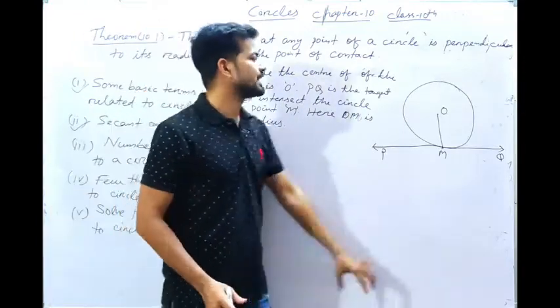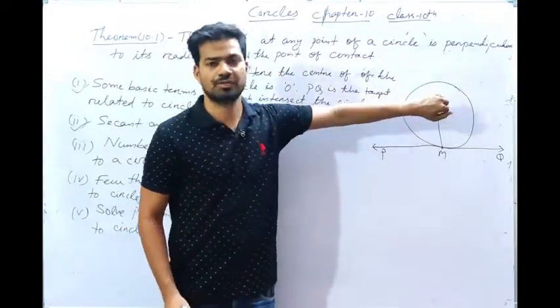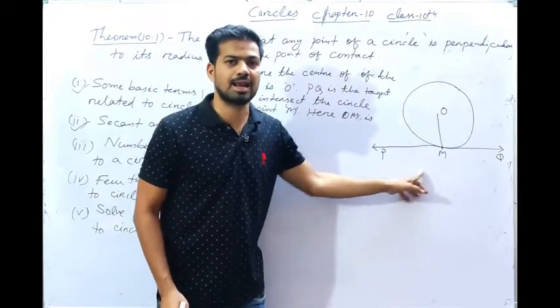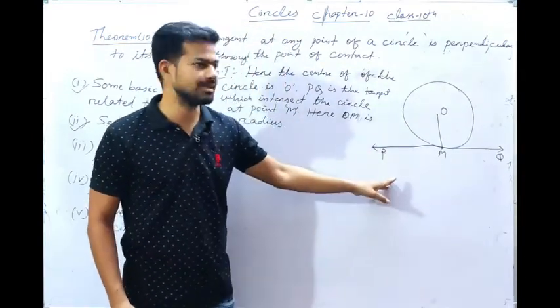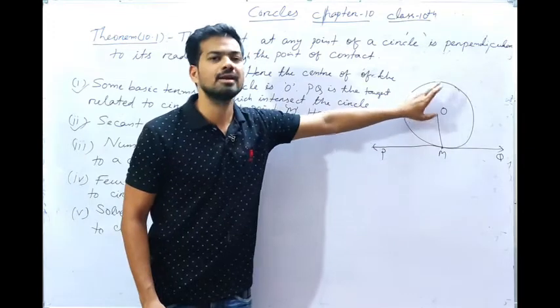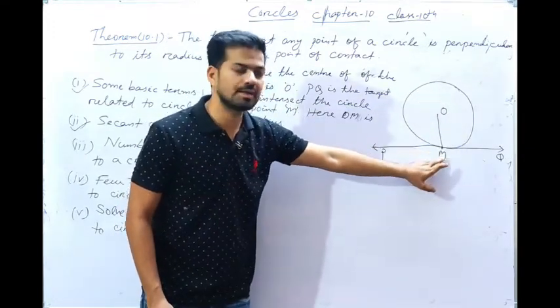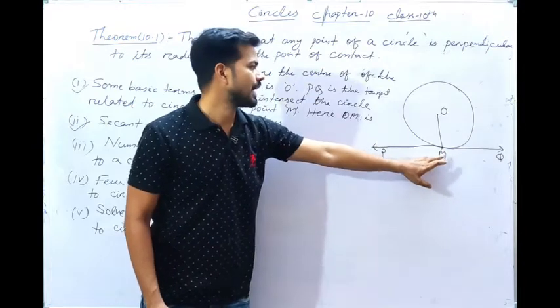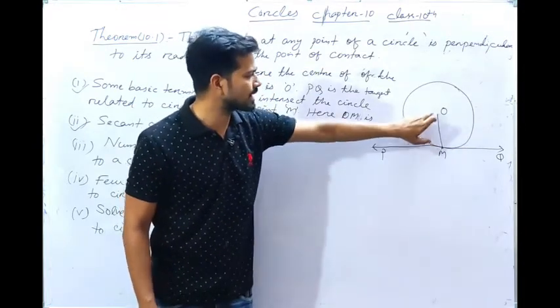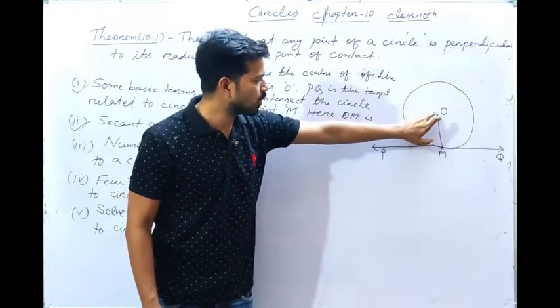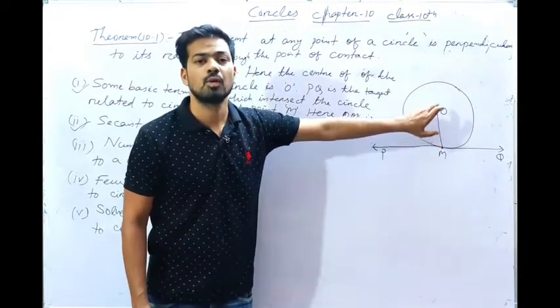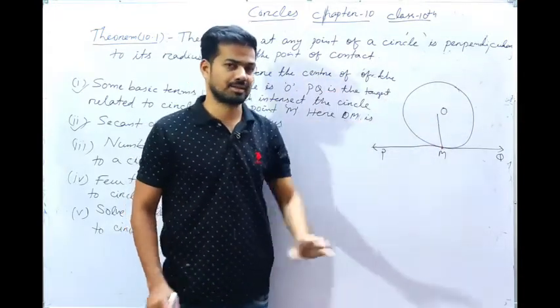The data says this is a circle with center O and the line PQ is the tangent to the given circle which intersects the circle at point M. And here we can also notice that the length OM is the radius.